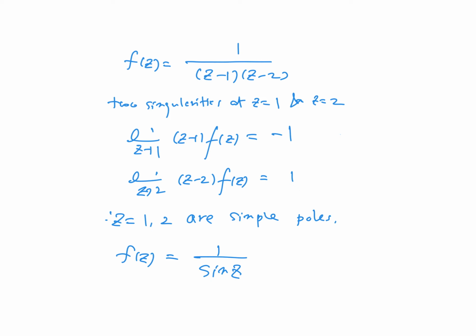The singularities are at z equal to 0, or plus minus pi, plus minus 2 pi, etc. So it has many singularities.